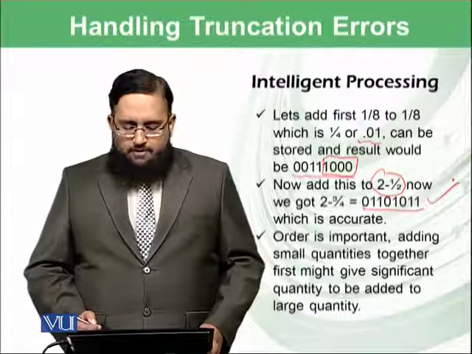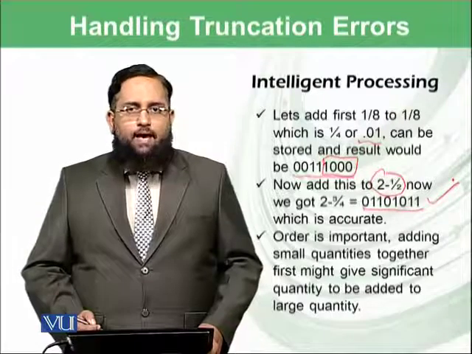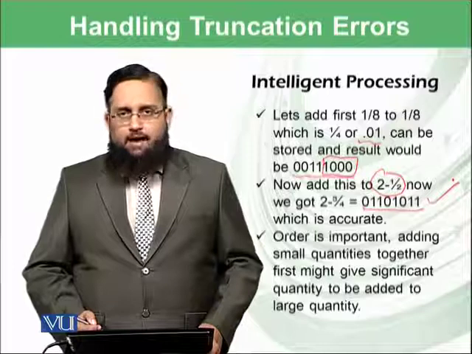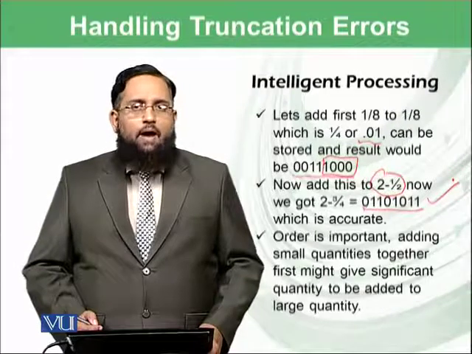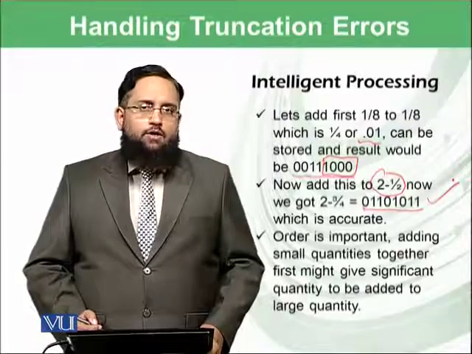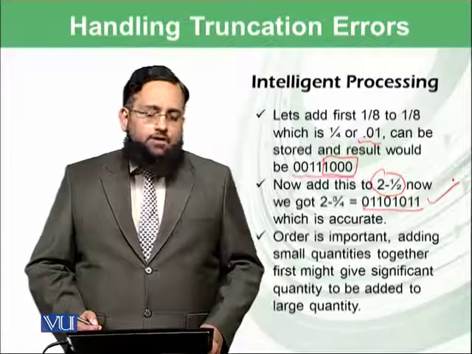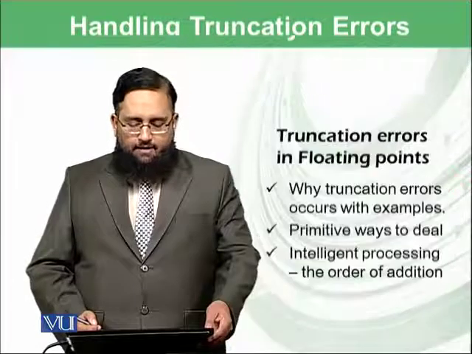So this means the order is important. If we have multiple fractions to be added, we should try to add the smaller fractions first, and then that answer could be sufficient to be added to and accepted by the larger quantity. Then we will have the right answer.